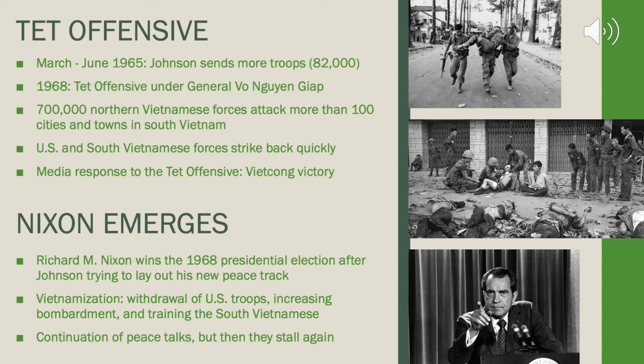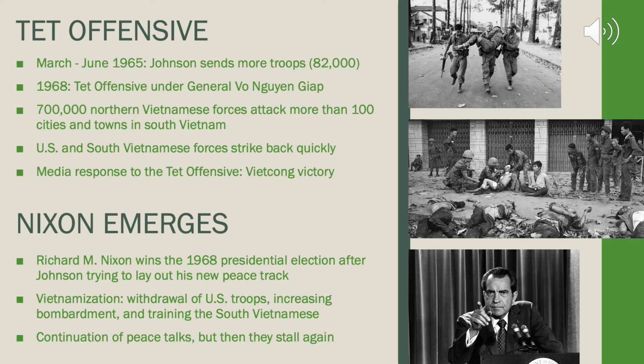But what was really surprising is that the media responds to the attack with a Viet Cong victory and the US having a loss, which I find to be odd. But after all of this, Nixon wins the 1968 election, right after Johnson is trying to bring about all this peace with North Vietnam and this new peace track.